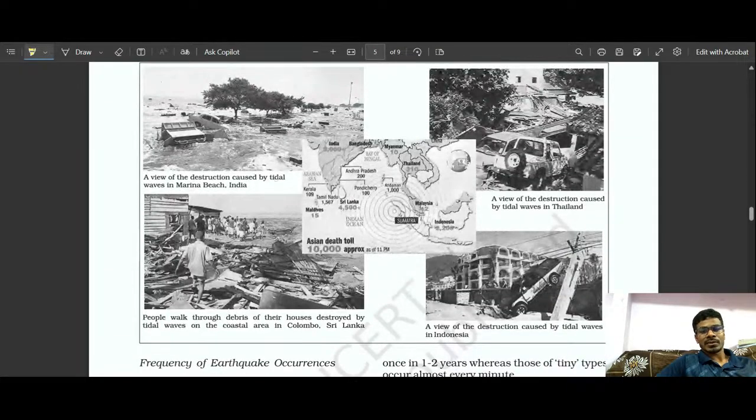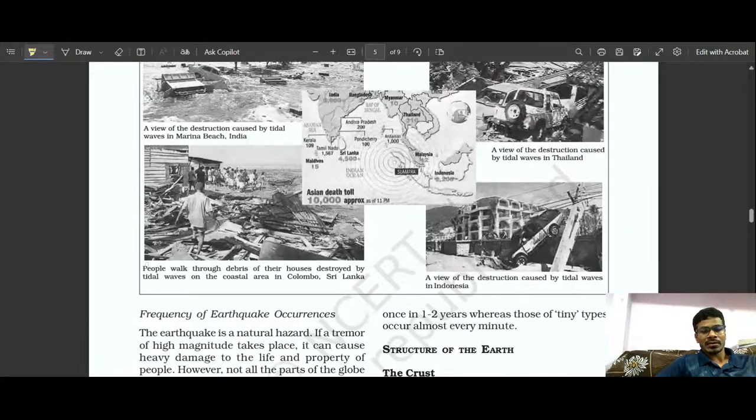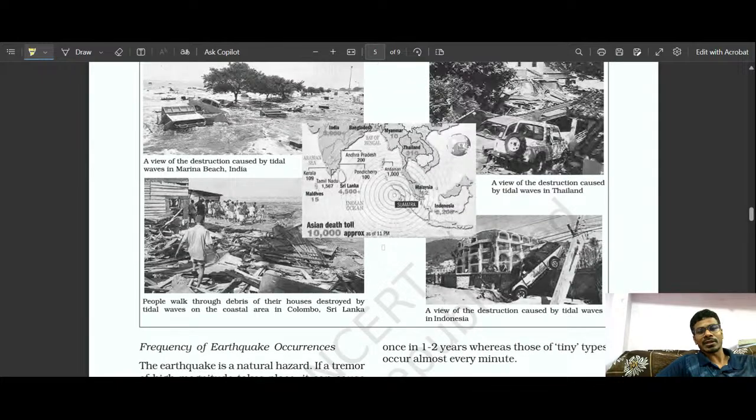Here we have some glimpses of these natural disasters. A view of destruction caused by the tidal waves in Marina Beach, India. People walk through the debris of their houses destroyed by tidal waves on the coastal area of Colombo in Sri Lanka.